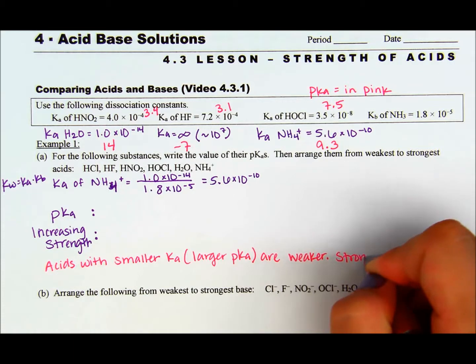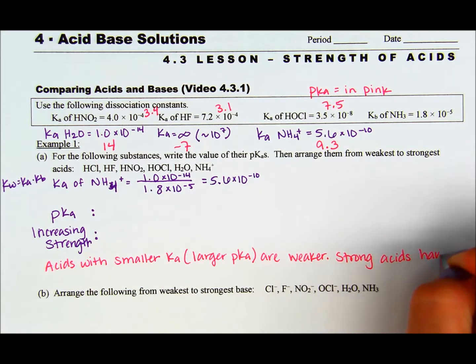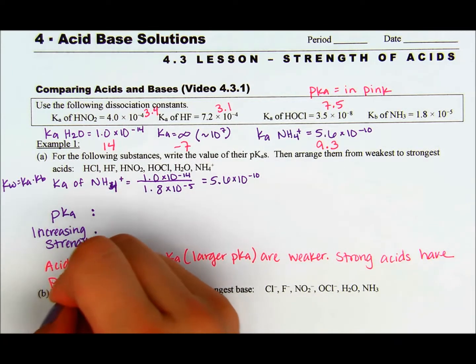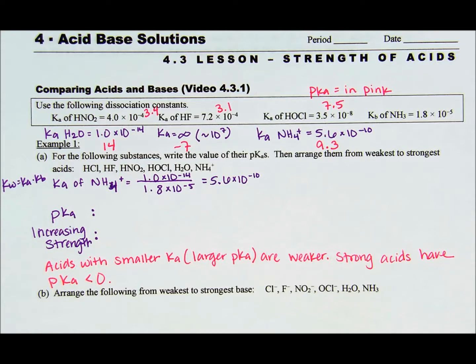Strong acids, all strong acids, have a pKa that is less than 0. Now, why do we even do pKa's? A lot of textbooks and a lot of sources will show you pKa's instead of Ka's, so it's useful to know the relationship with both. So that's why we're doing pKa's and we're not just comparing Ka's.